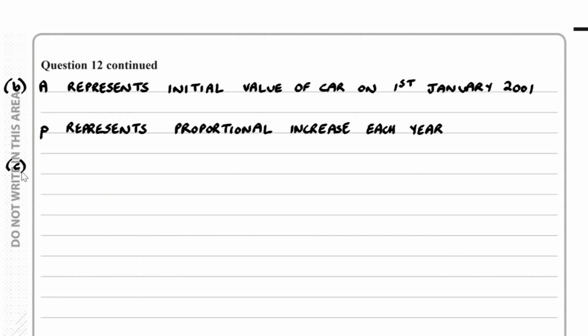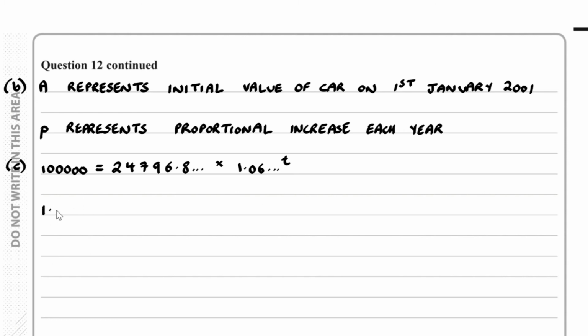So, for part C, we can set our equation equal to 100,000. So we've got 100,000 equals 24,796.8, etc. multiplied by 1.06, etc. to the power of t. We need to find out what t is.